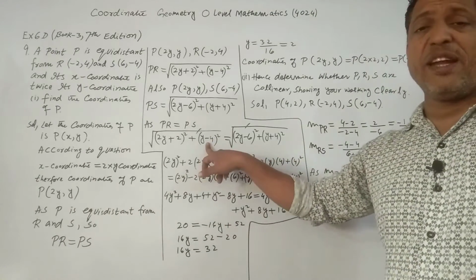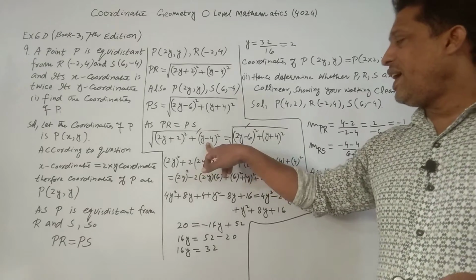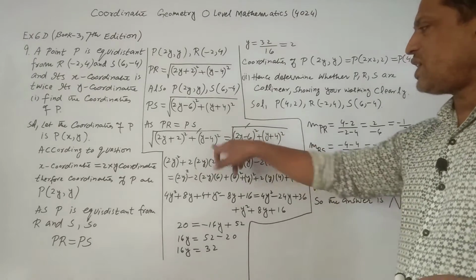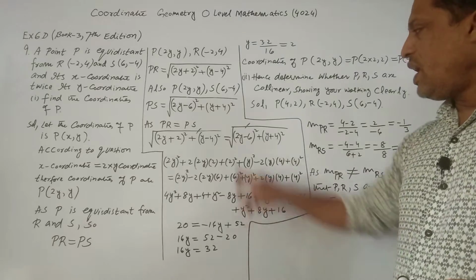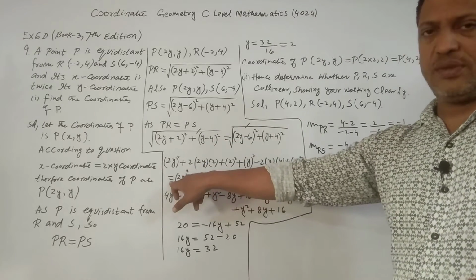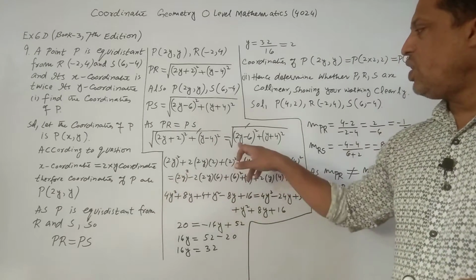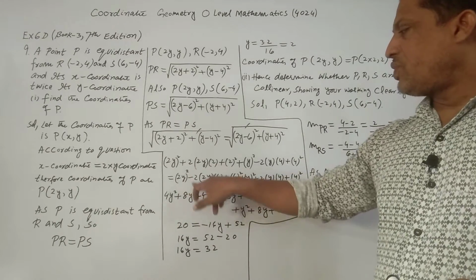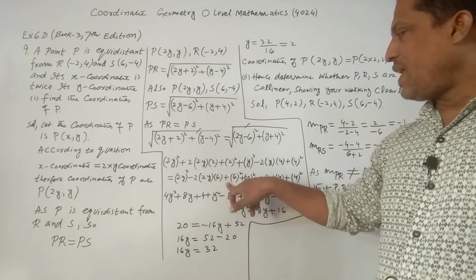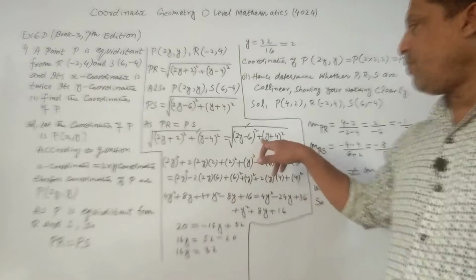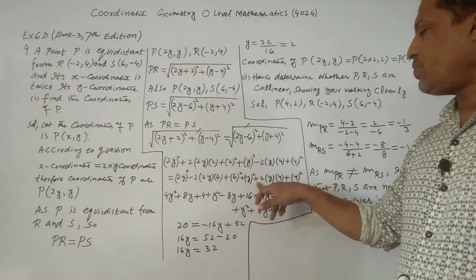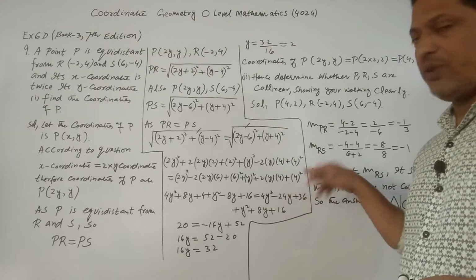Apply the formula of (a minus b) whole square: y square minus 2 into y into 4 plus 4 square. This is equal to (2y minus 6) whole square: (2y) square minus 2 into 2y into 6 plus 6 square. Then (y plus 4) whole square: y square plus 2 into y into 4 plus 4 square.